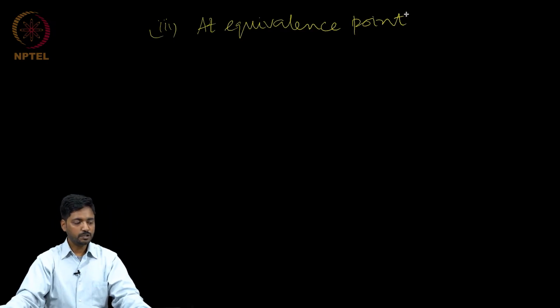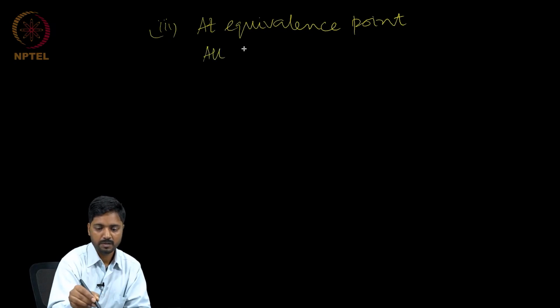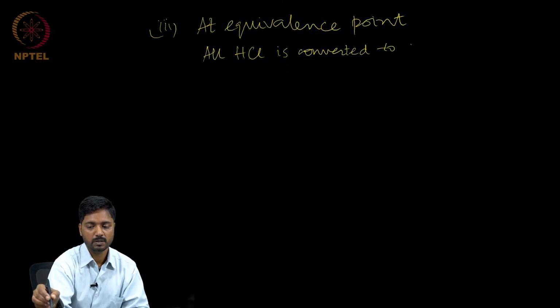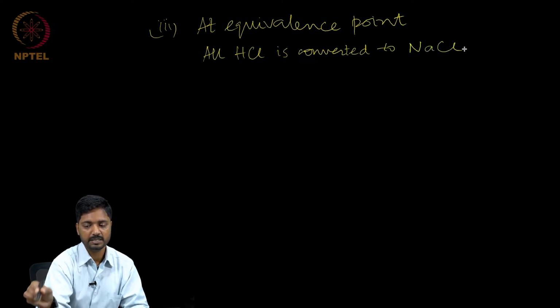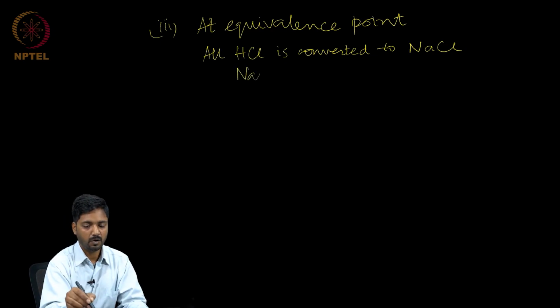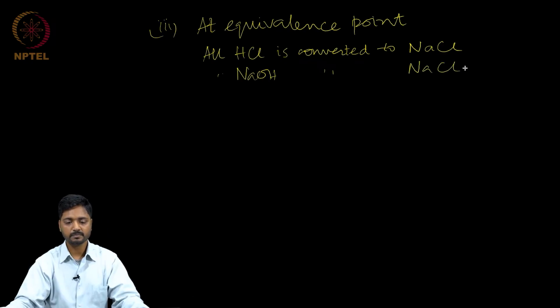So, at equivalence point, essentially all HCl is converted to NaCl, and similarly all NaOH that has been added is also converted to NaCl.